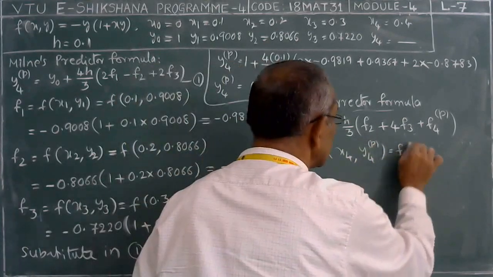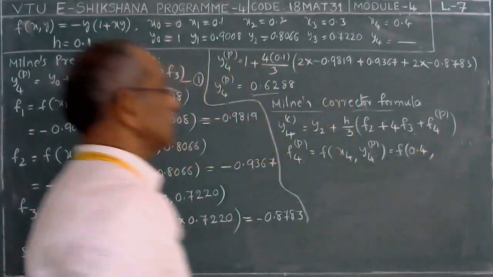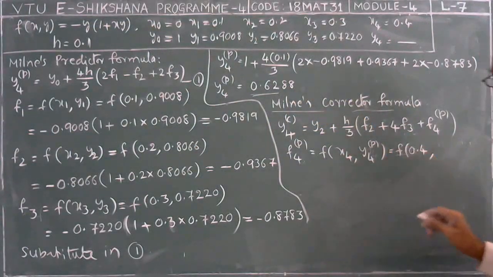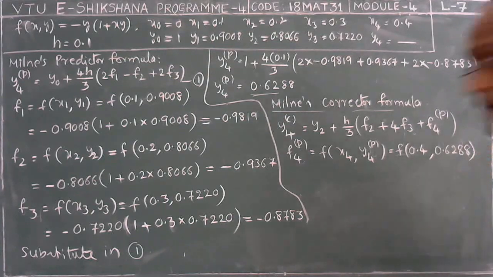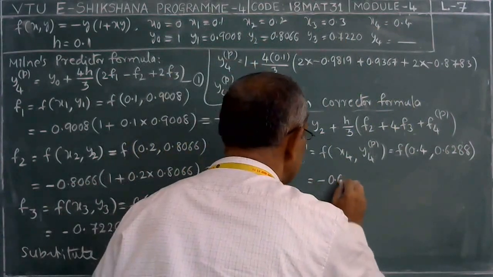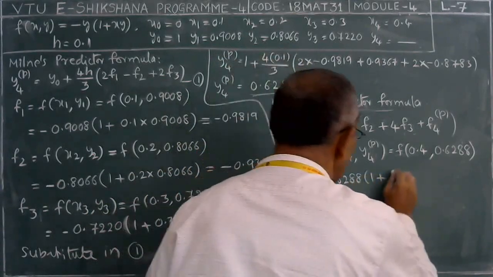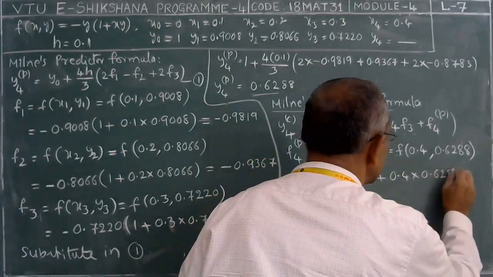So this is f of 0.4 comma 0.6288. Now apply the definition: minus 0.6288 into 1 plus 0.4 into 0.6288.